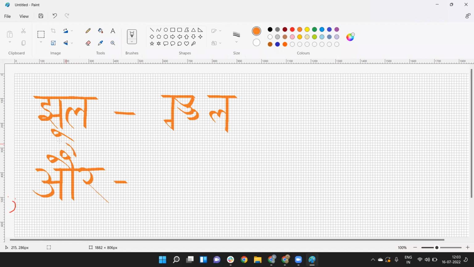Okay, so in Devanagari, what happens? The a, o, au, they're all written like this. Only these things change behind. So this always remains the same, correct? But in case of Sharada, we write a differently, o, au, all four are written differently.